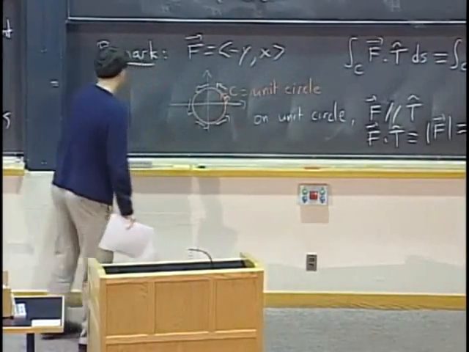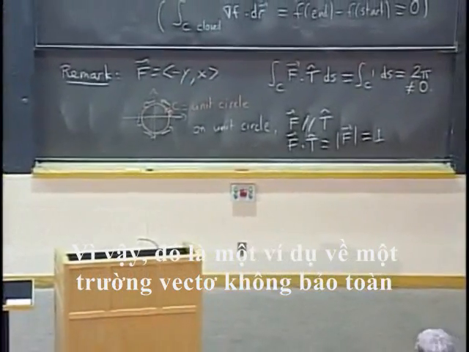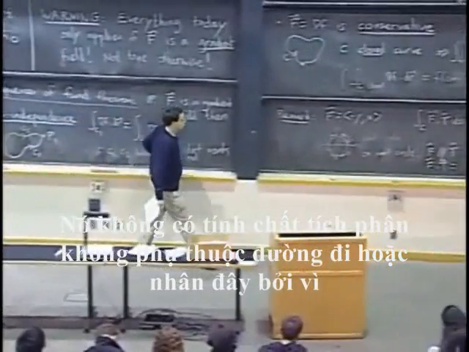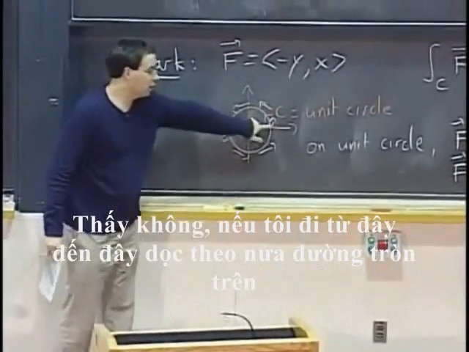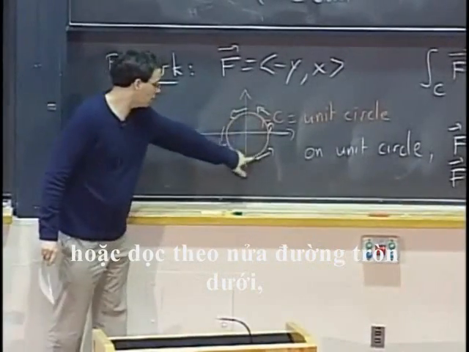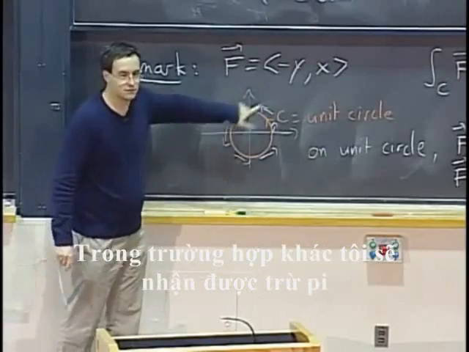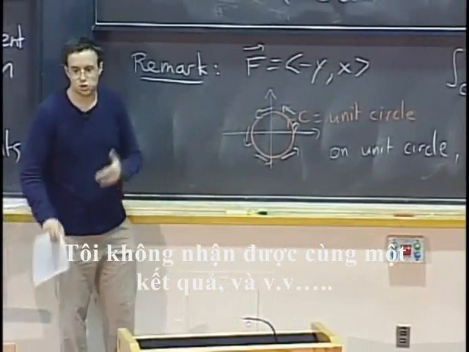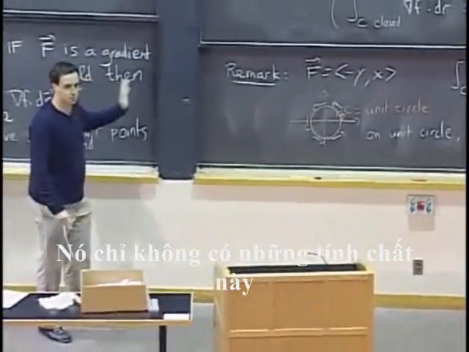So it's an example of a vector field that is not conservative. It's not path independent either, by the way, because if I go from here to here along the upper half circle or along the lower half circle, in one case I will get pi, in the other case I will get negative pi. I don't get the same answer. And so on and so on. It just fails to have all of these properties.